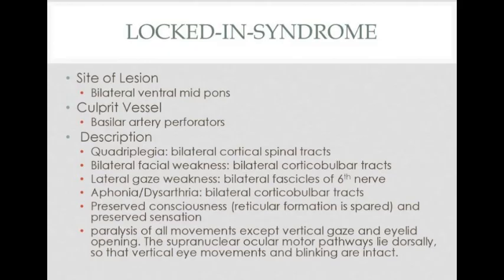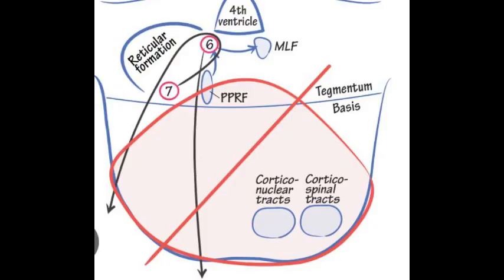This is due to damage to the ventral pons, and that is going to affect the paramedian pontine reticular formation, the PPRF, which is our horizontal gaze center. So if this area is damaged, then you will have issues moving your eyes left and right. Also, there is going to be damage to the corticobulbar tract that carries the motor commands to cranial nerves that are involved in eye movement.